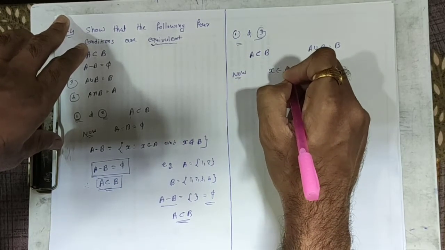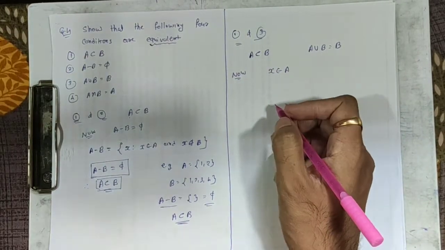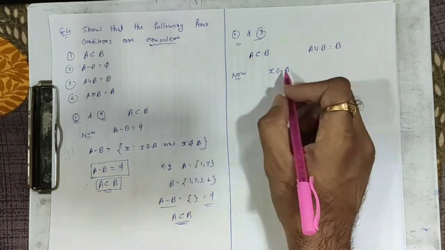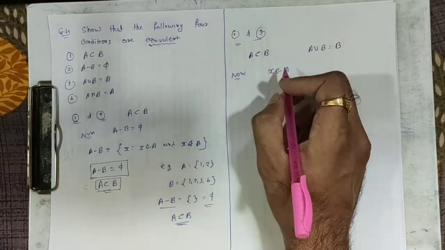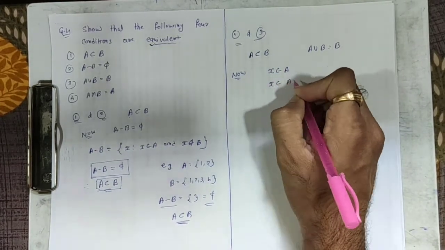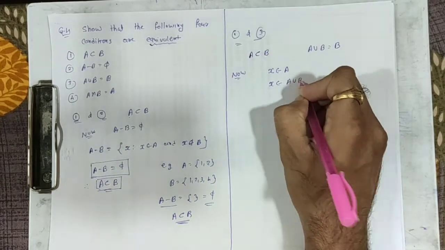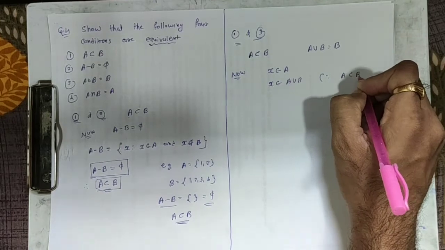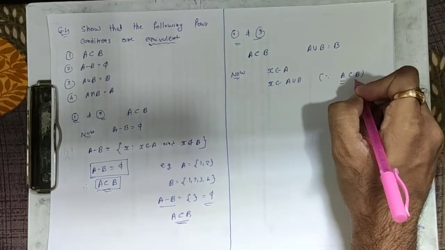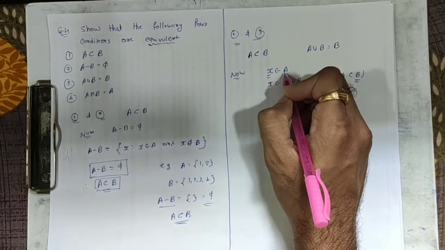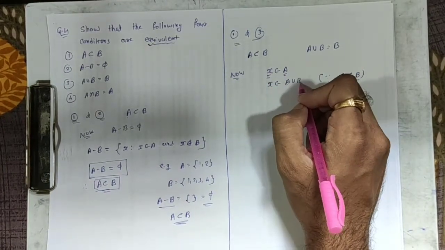Let x belong to A. x is one element which lies in set A. So as x belongs to A and A is a subset of B, we can say that x will also belong to A union B. The reason is A is a subset of B. All the elements of A are elements of set B, and therefore if element x lies in set A, it will also lie in the union of A and B.